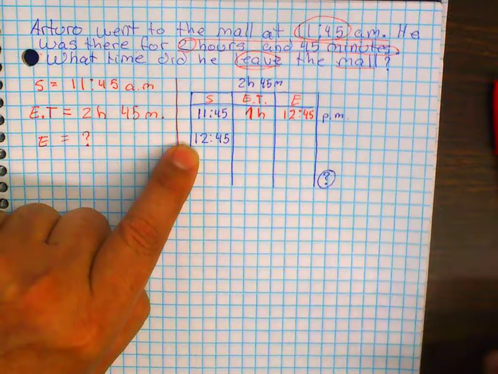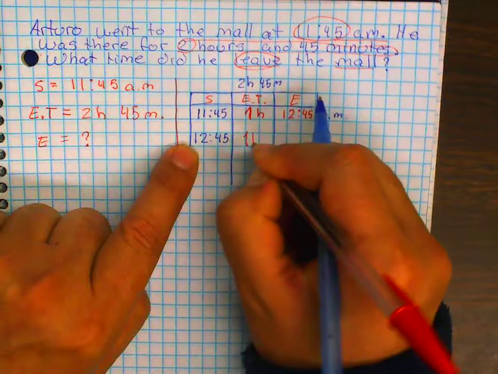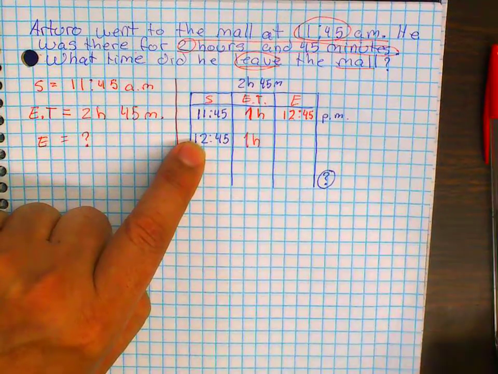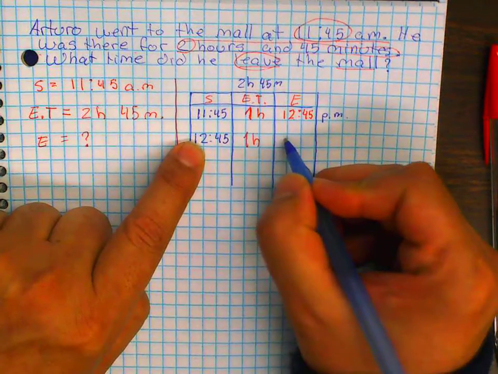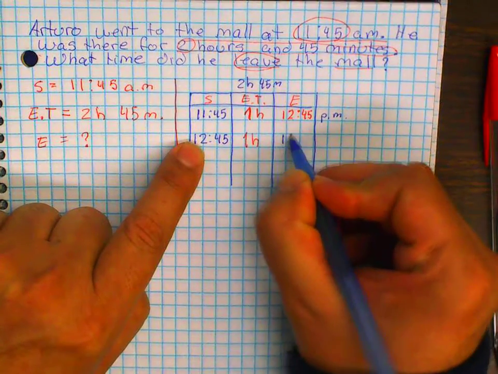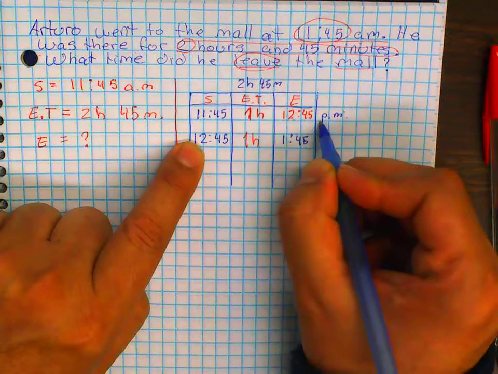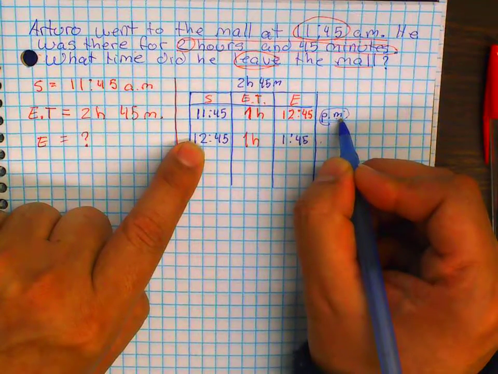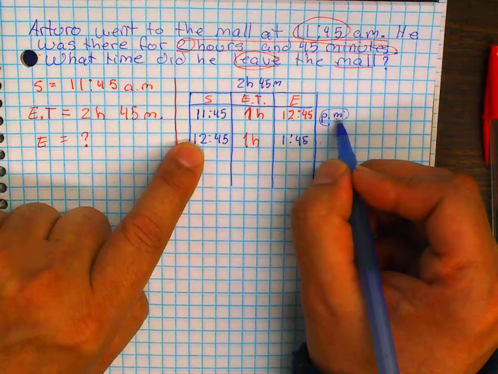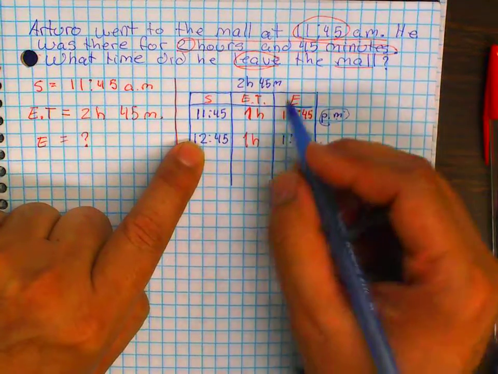Now I need to add another hour. And what comes after 12? 1. So it will be 1:45. Remember, I'm already on PM. I don't need to put the PM as long as I remember here. I already changed from AM to PM. Okay. Did I finish with my hours? Yes. With the hours I did.